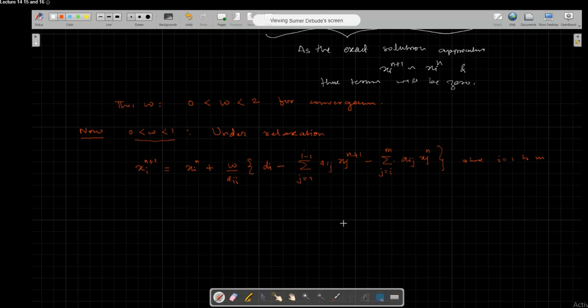After some rearrangement, the same equation can be rearranged as omega over a_ii times d_i minus the summation j equals 1 to i minus 1 of a_ij x_j^(n+1) minus the summation j equals i plus 1 to m of a_ij x_j^n.